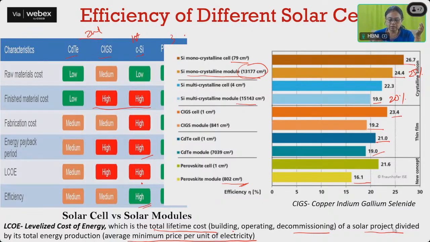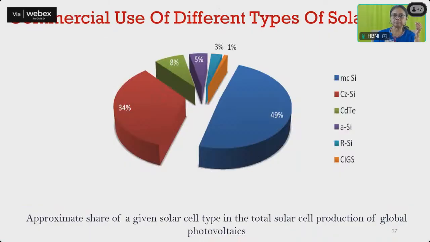When you are connecting more and more cells, there will be some parasitic resistance, and some electrical contacts will come into place. At those places, there will be loss of energy. So that technology is also important. That's why we are comparing that for a given one cell, the efficiency may be high, but when you are making it into a module, the efficiency is decreasing.